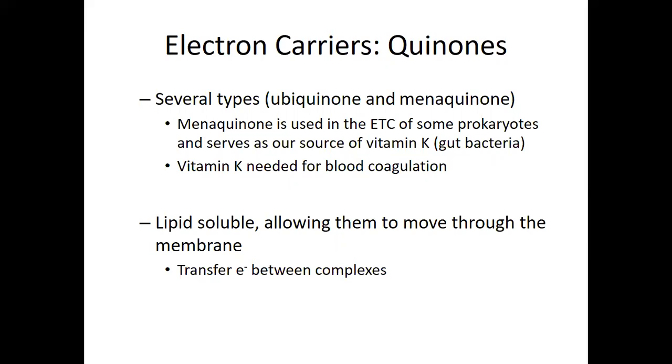It's a type of quinone, so it's carrying electrons, but it's just a different molecule that's present in them that we don't have. Not surprisingly, you're going to see these electron transport molecules are lipid soluble, and that makes sense because you're either moving through the cytoplasmic membrane or you're moving through the mitochondrial membrane as you move from complex to complex. So they have to be lipid soluble.